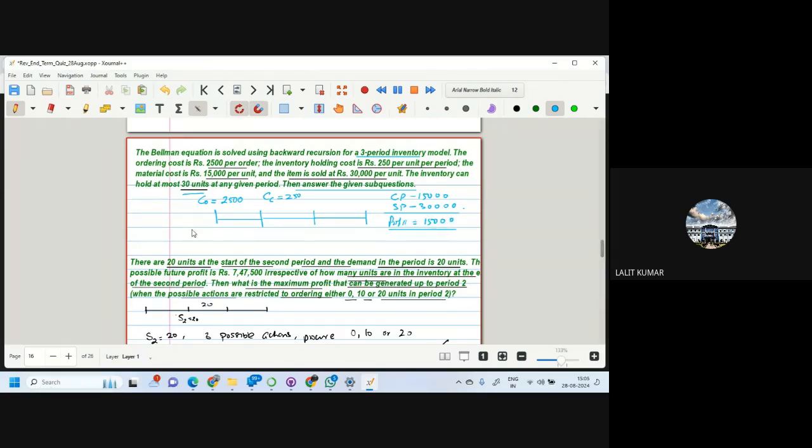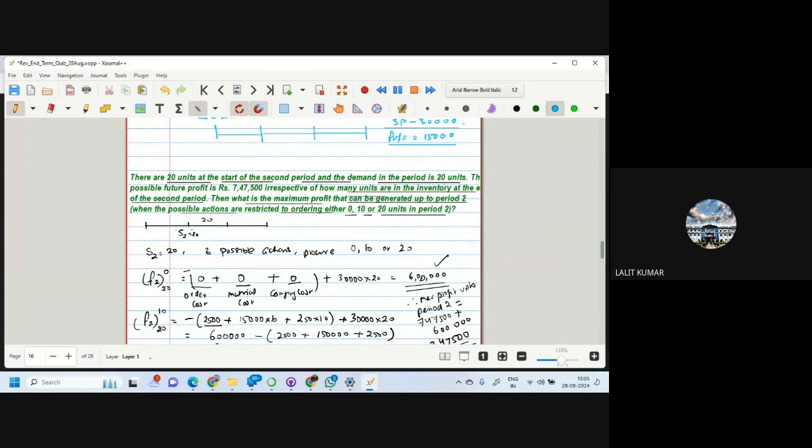Now they are saying that there are 20 units at the start of the second period, and the demand in the period is 20. The possible future profit is rupees 747,500, irrespective of how many units are in the inventory at the end of the second period.